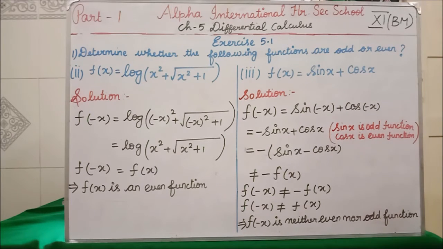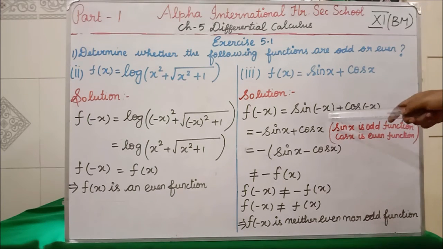So f of minus x is equal to sin, here x we are having, I have written minus x, plus cos, instead of this x I am writing minus x. Clear? And in the previous example, in odd or even function I have written notes, no. For that example I have written, no, sin x is an odd function, cos x is an even function. That is a rule. Okay.